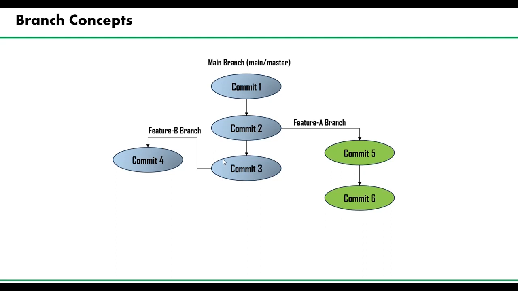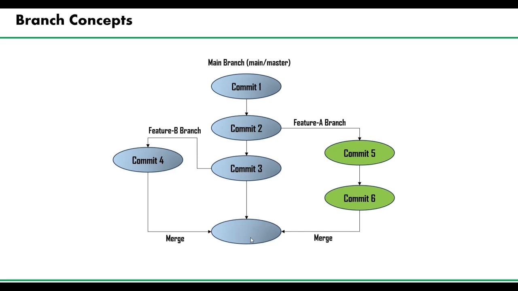So once you're satisfied with all the changes in your feature B branch, for example, you can merge it back into the main branch, just like this. And your colleague can do the same thing by merging the feature A branch back to the main branch.